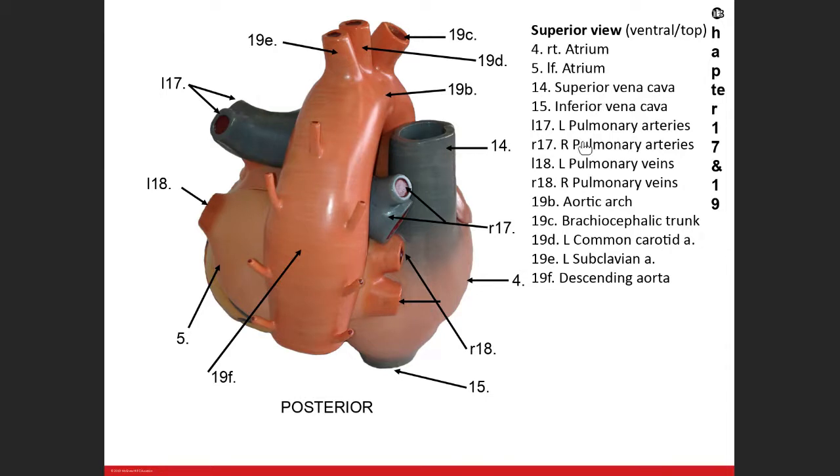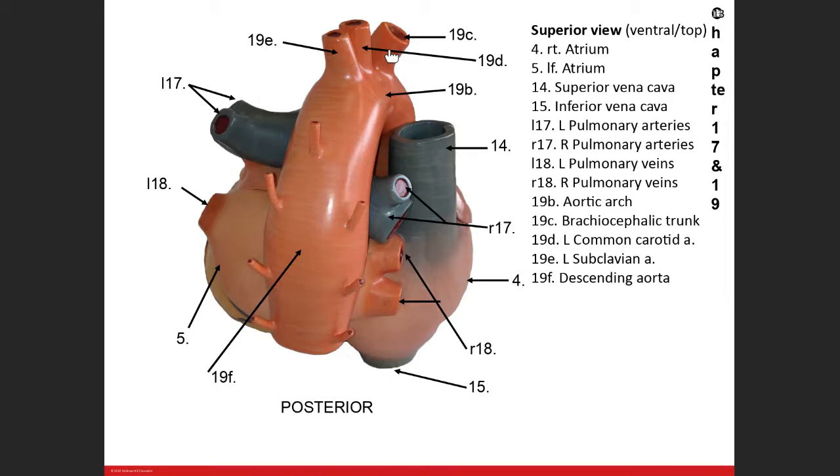Superior. So left pulmonary, right pulmonary arteries. Here's the aortic arch. The aortic arch is pretty much where you see these three blood vessels coming off. All of that is the aortic arch, where those three blood vessels are coming off. The very first vessel that comes off of the aortic arch, right here, is what we call the brachiocephalic trunk.